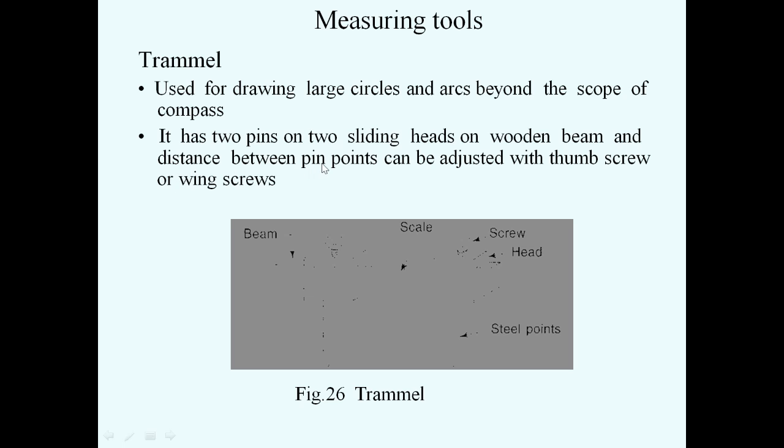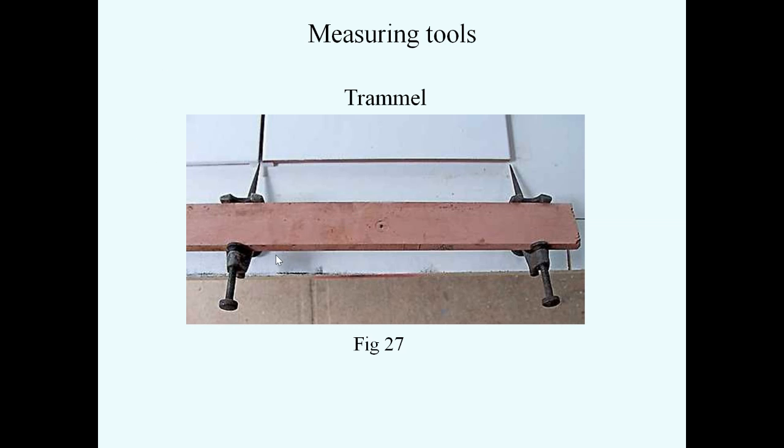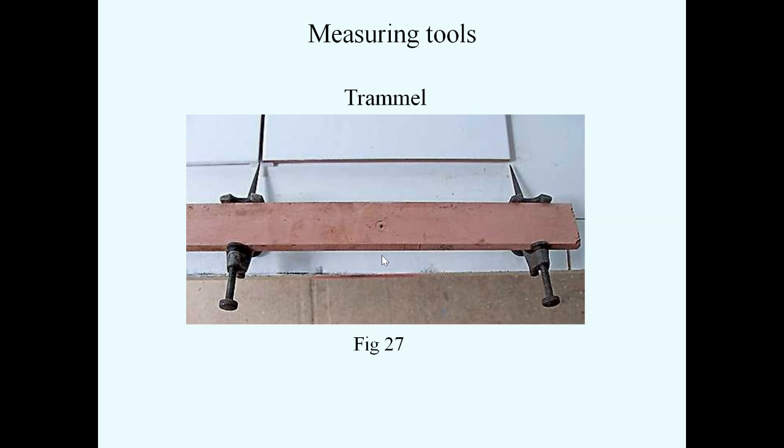The distance between the two points can be adjusted with a thumb screw or ring screw. With the help of the ring screw or thumb screw, the distance between these two heads can be adjusted. You can see here. With the help of this trammel, you can draw the large circles.